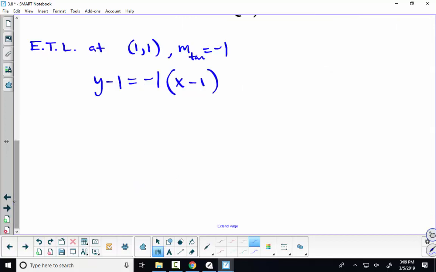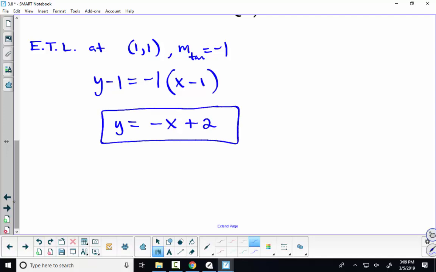Or we have y equals negative x plus 1 plus 1, so plus 2. So there's the equation of the tangent line.